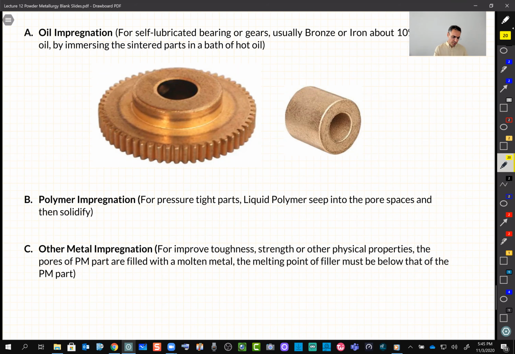Polymer impregnation, which I mentioned, and other metals are another example, used when you want to change the physical property of the part. Let's say you want a strong part, and at the same time you want this part to have very good electrical conductivity. So you use the other metal impregnation.